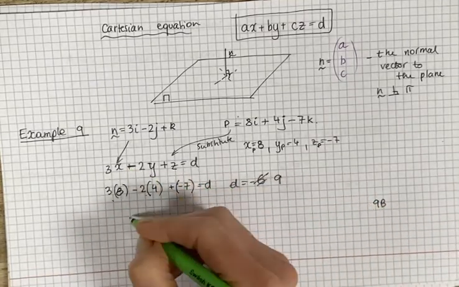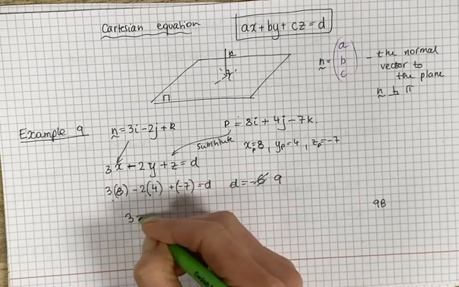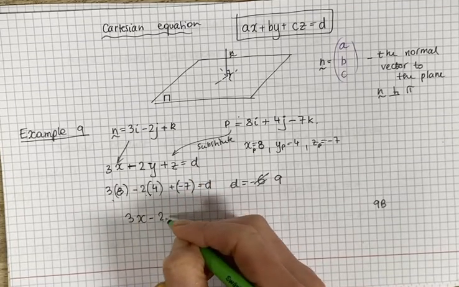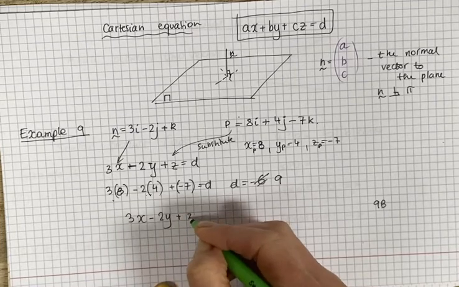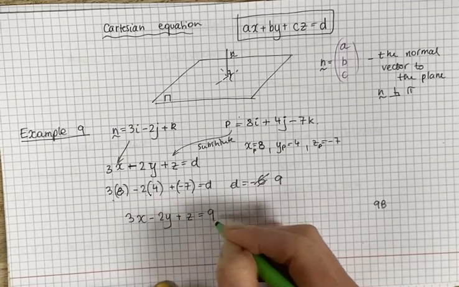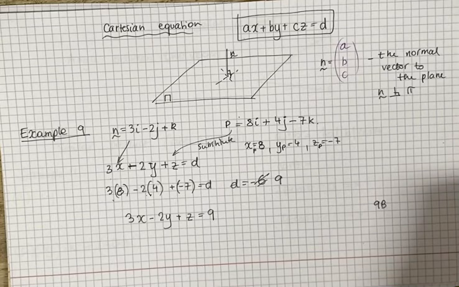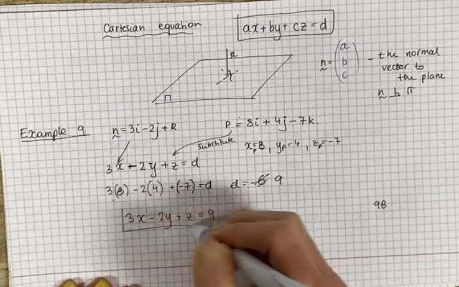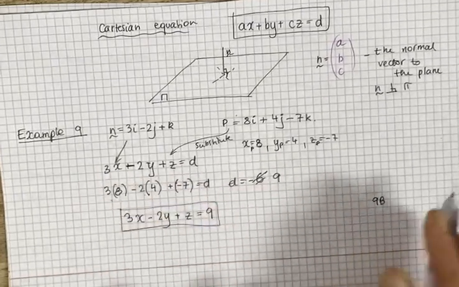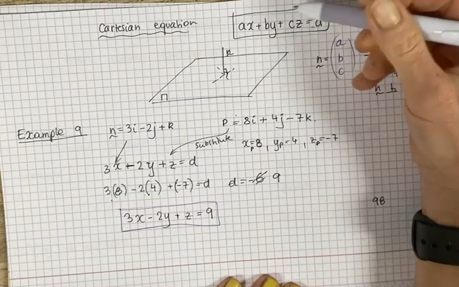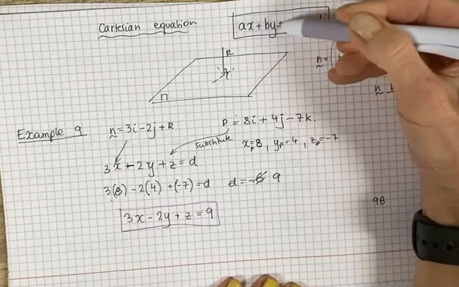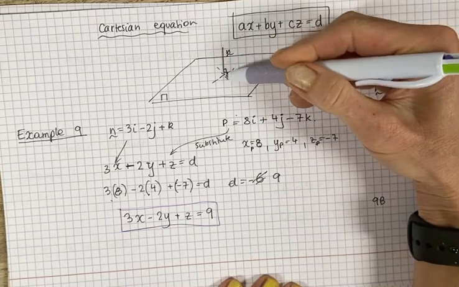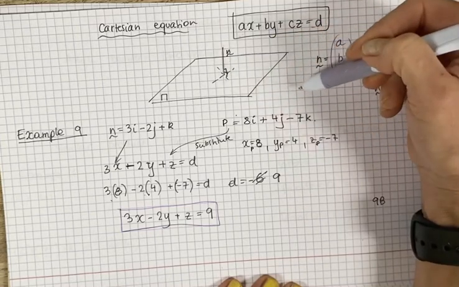Let's put d into this above equation. There you go. Okay, so if you've got an equation like this, you know straight away that a, b, c will represent a vector that's perpendicular to that plane.